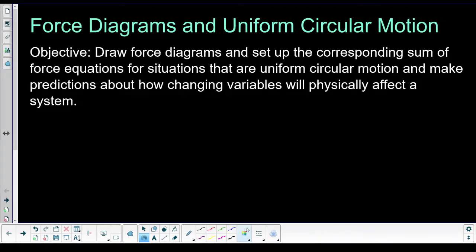Allow me to help you try and understand how to use uniform circular motion and force diagrams together to solve problems a little bit better. So, what we're going to talk about today is how to draw force diagrams for uniform circular motion and set up the corresponding sum of forces equations.